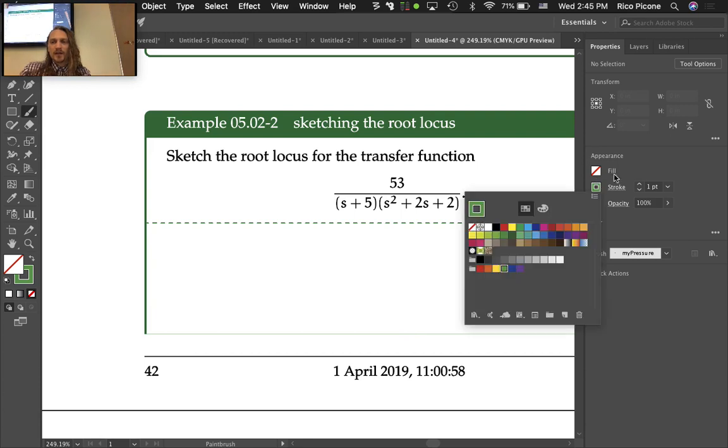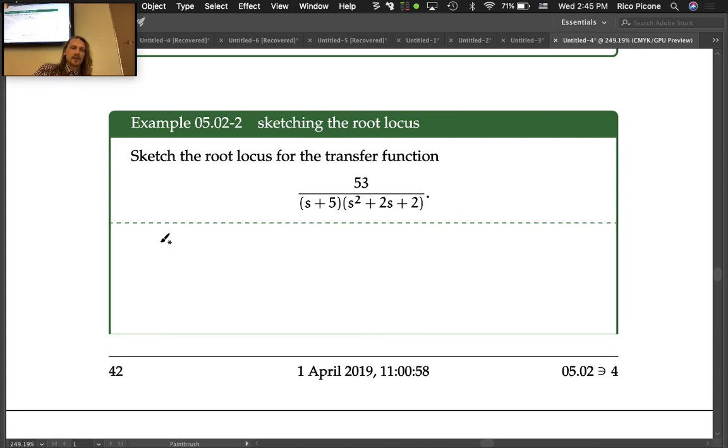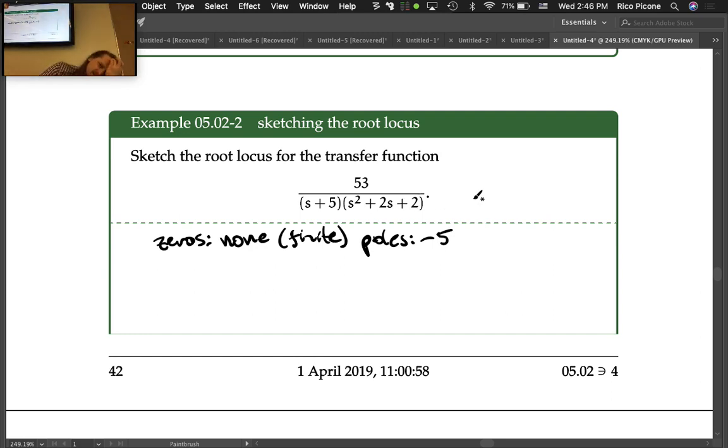The other more involved example has how many zeros? Zeros, no zero. So I switched it on you guys. So none that are finite. Yeah, I was so sneaky. Poles, there are 2 from this and 1 from that, so there are 3 total. There's 1 real and 2 complex.